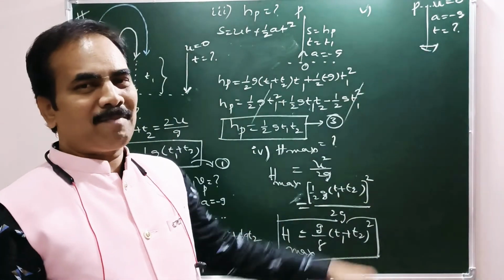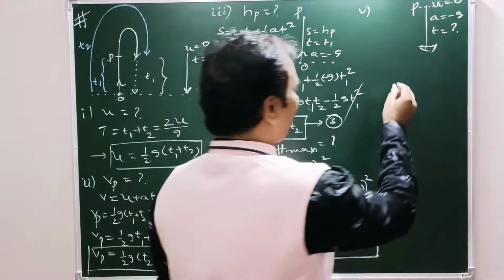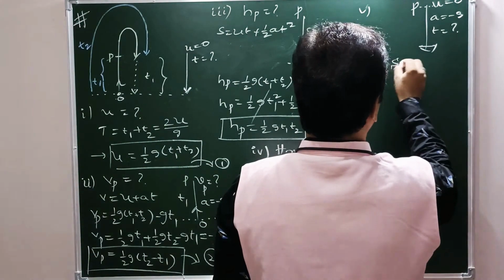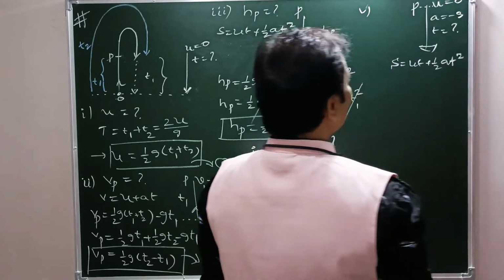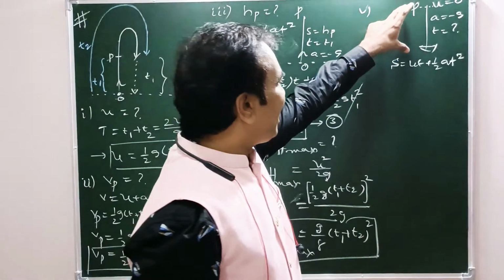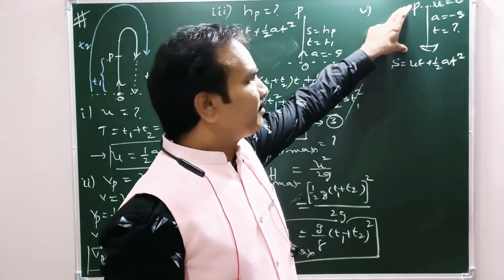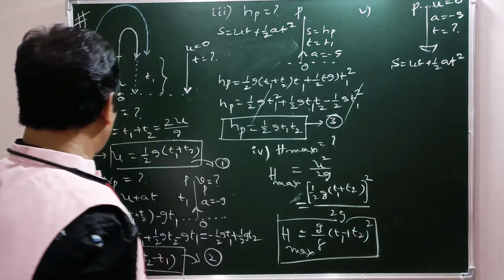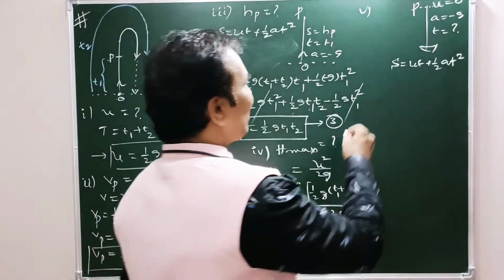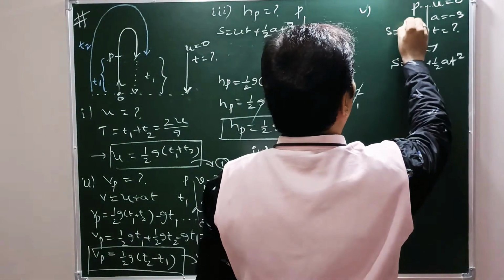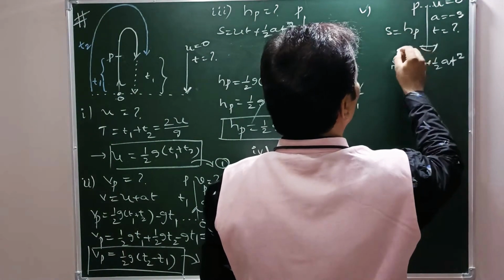So take S equal to ut plus half a t squared, the direct formula. S means the height of P, which we already have in terms of T1 and T2.